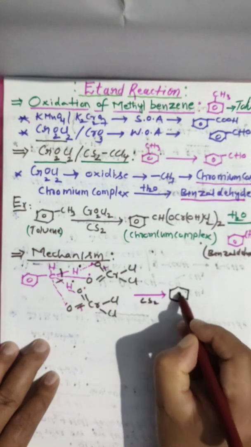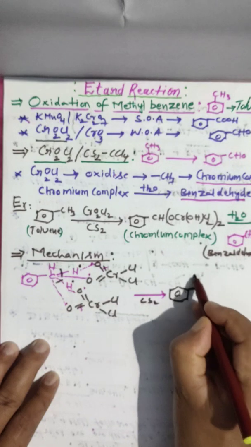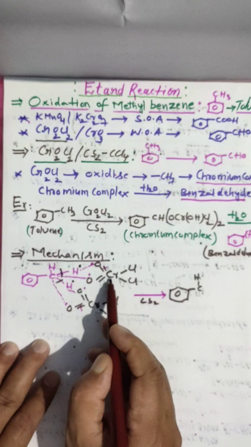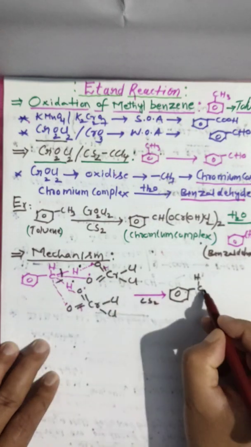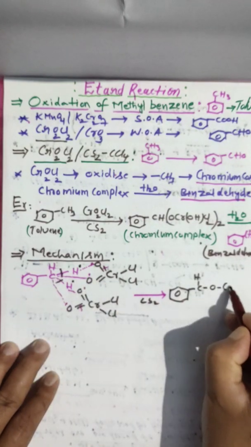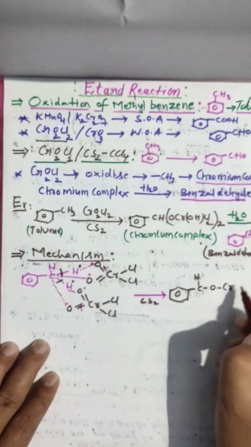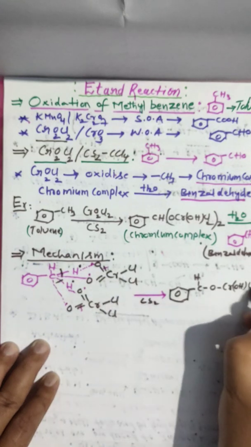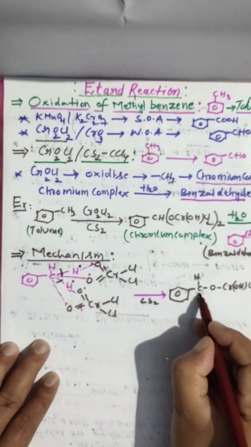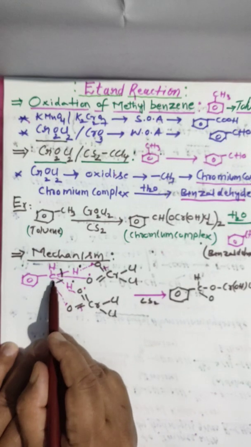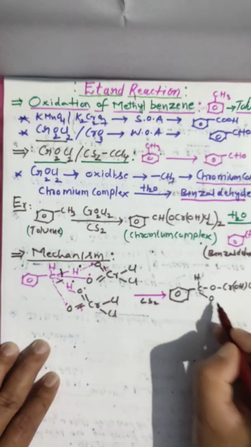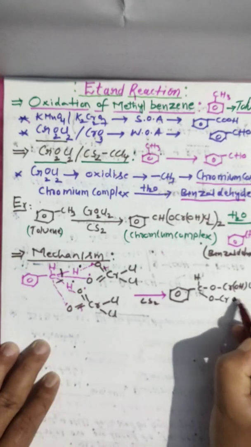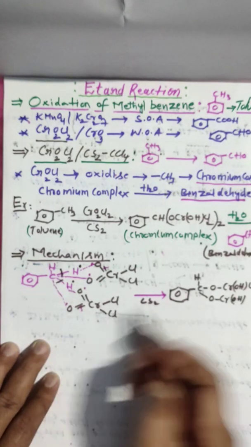This is the complex. CH, this carbon bonded with OCr, this OH group, and this Cl2 group, and similarly here one O, this carbon bonded with OCr, and this OH, clear, and this is Cl2.